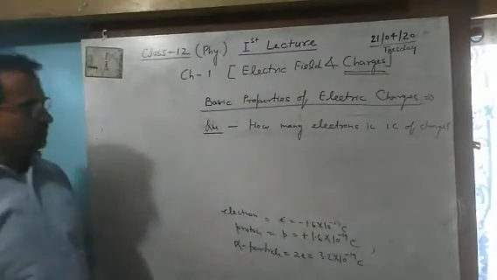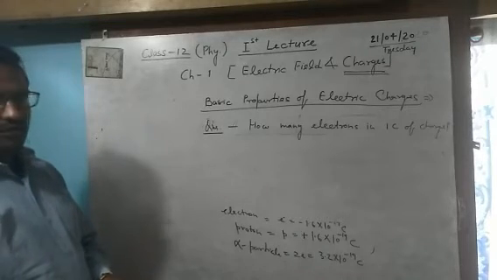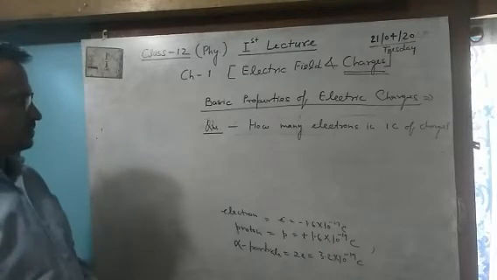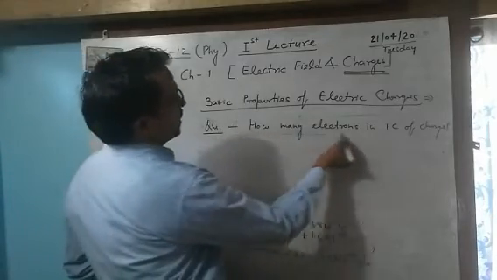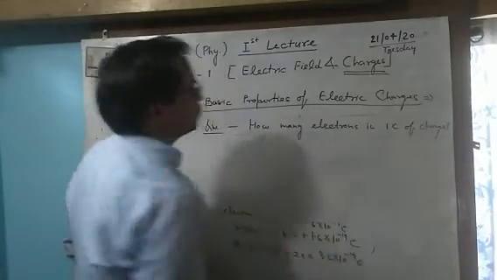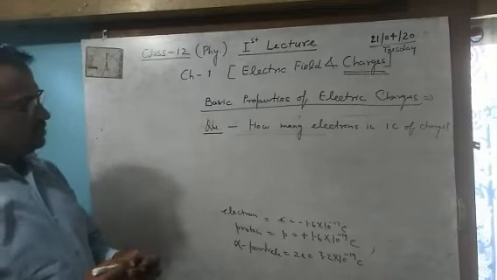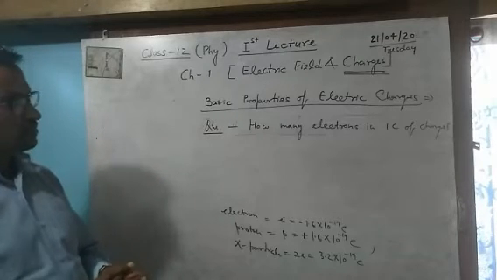Try करिए, I'm giving 20 seconds. How many electrons in 1 coulomb of charge? इसको सॉल्व कैसे करेंगे?